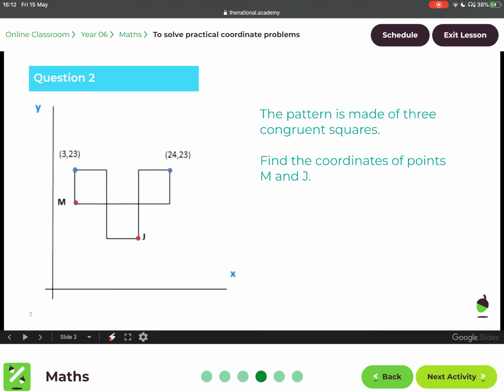So the y coordinate of M will be 16, and then the x coordinate will be 3.